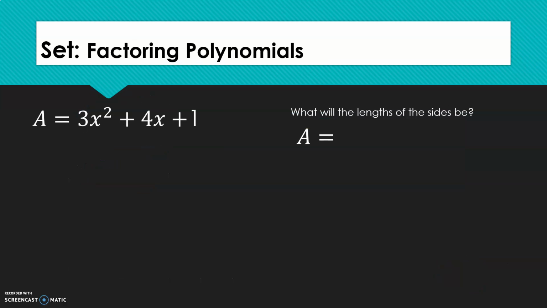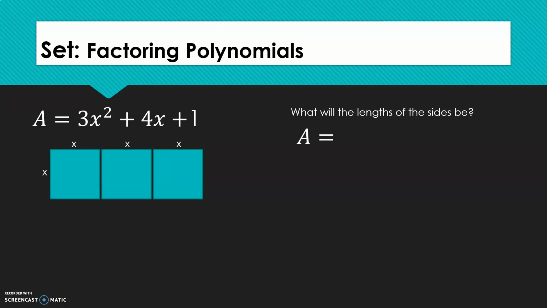Now let's start with standard form and factor this polynomial to find what the side lengths would be of a rectangle with this area. 3x squared plus 4x plus 1. We're going to need 3 boxes with an area of x squared, 4 x's, and 1.